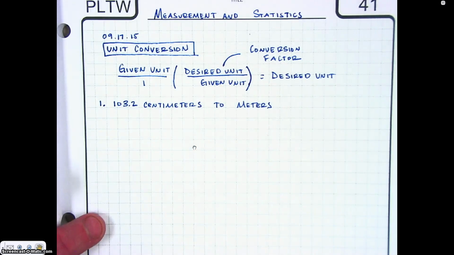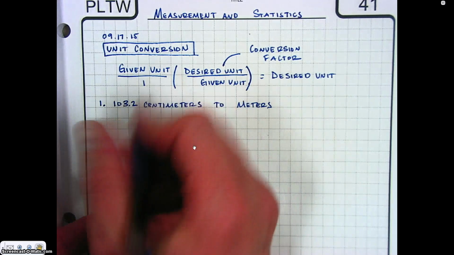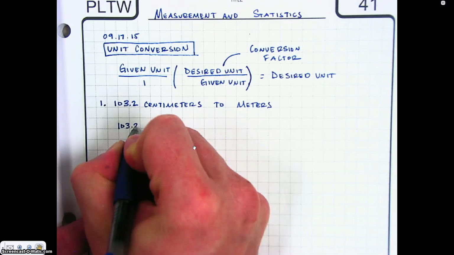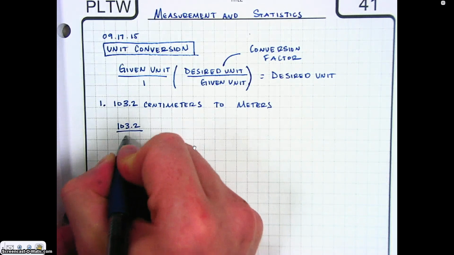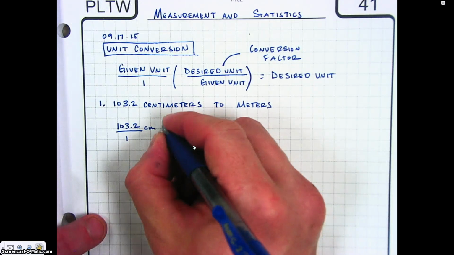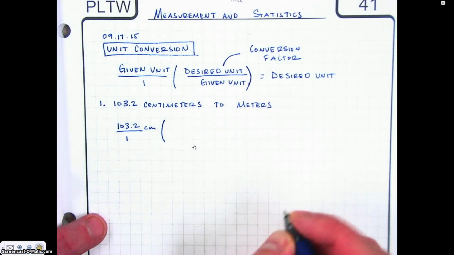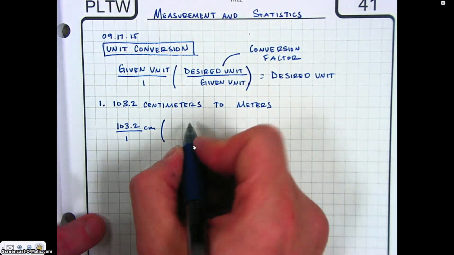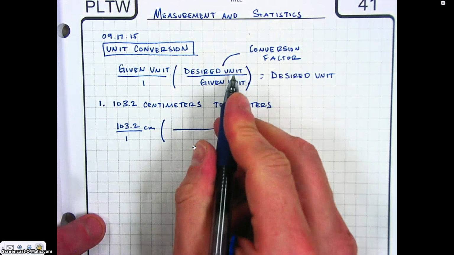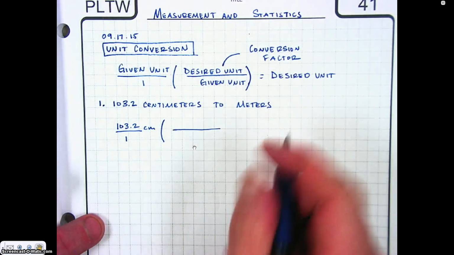Okay, the first thing that we need to do is write our given unit. Our given unit is 103.2, and we'll put cm for centimeters. Put our parentheses for our multiplier, our conversion factor. Our desired unit now is going to go on top. Our desired unit is meters.